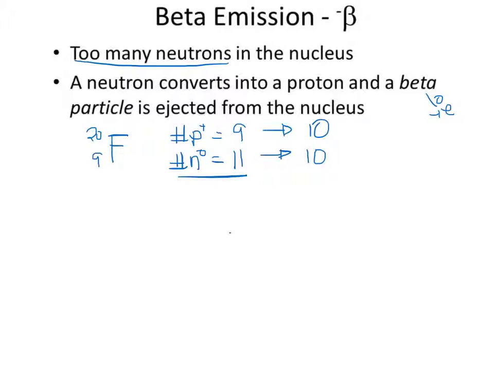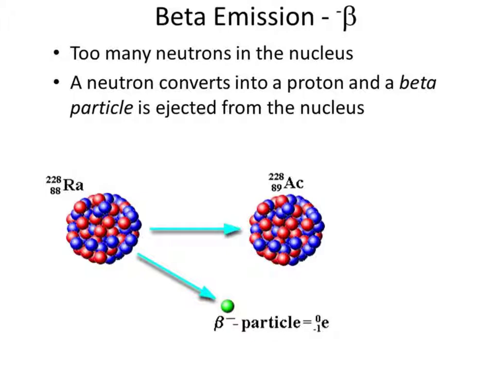Now, my atomic mass is still 20, since atomic mass is the number of protons plus the number of neutrons. So our atomic mass is going to remain the same, and all we're doing is a conversion of this neutron to a proton. An example of this would be radon 228.